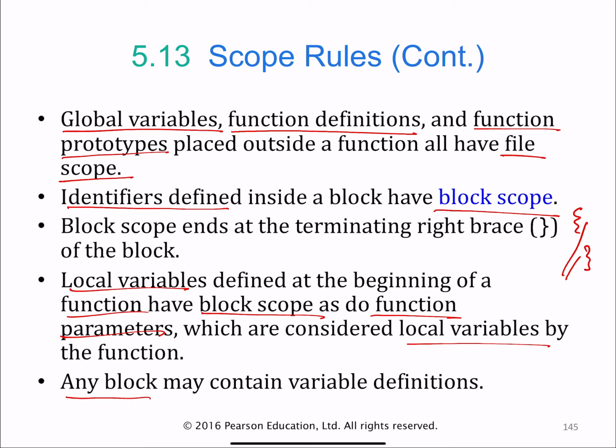Now, any block may contain variable definitions, and we've already seen an example of that when we were defining counter variables for for loops, for example. Those counter variables would cease existing as soon as we exit that for loop.